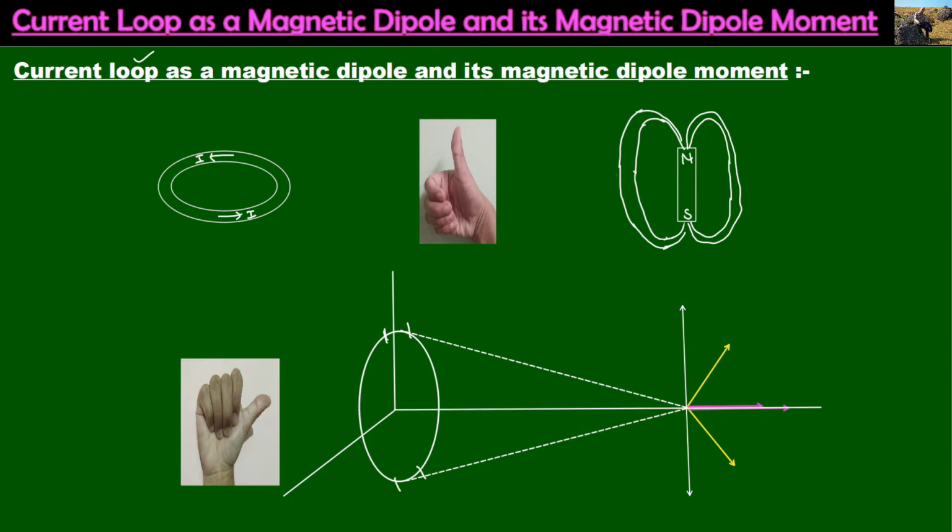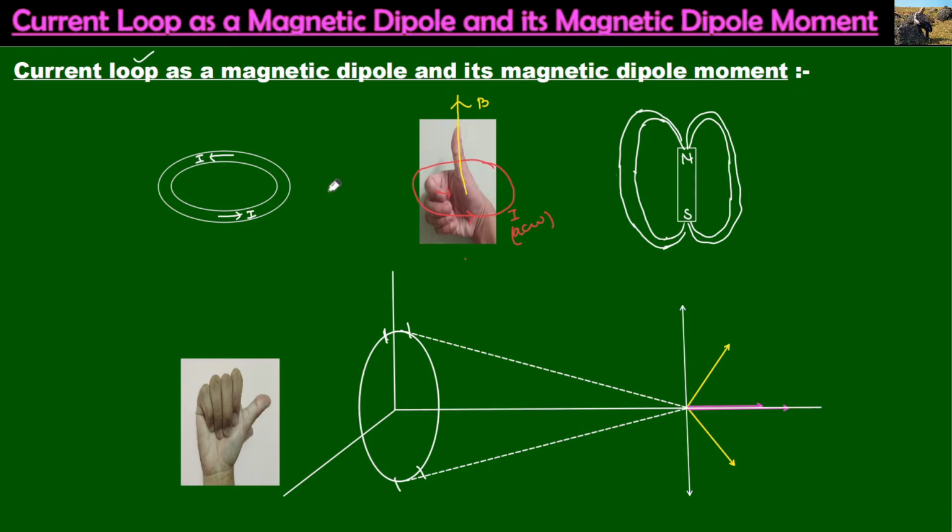So we make use of the right hand rule, whereby you take your right hand and curl your fingers in the direction of the current flow, which means that over here the current is anti-clockwise. The direction in which the thumb is pointing, vertically upwards, will be the direction of the magnetic field produced by that current carrying wire.